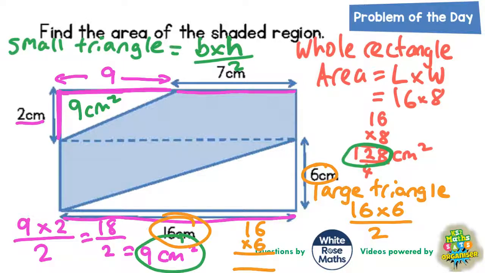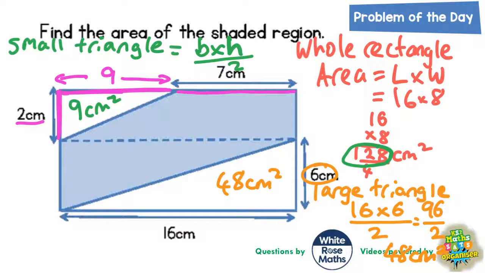6 sixes are 36, put the 6 in, carry the 3. And 6 ones are 6 plus the 3 is 9. So that's 96. So it's 96 divided by 2. And 96 divided by 2 is 48 centimetres squared. So the area of the largest triangle is 48 centimetres squared.